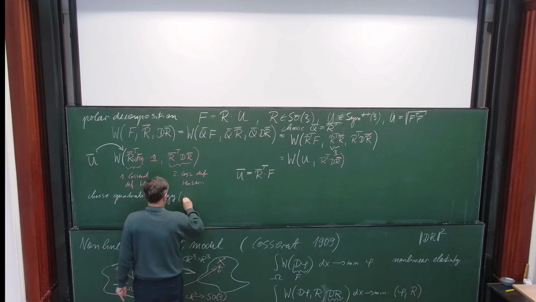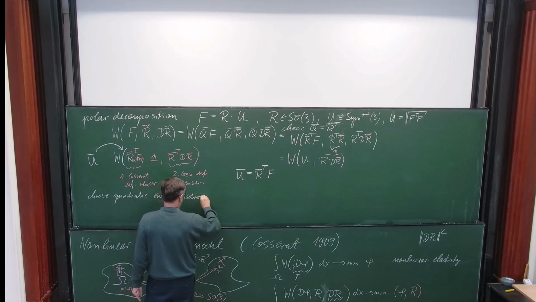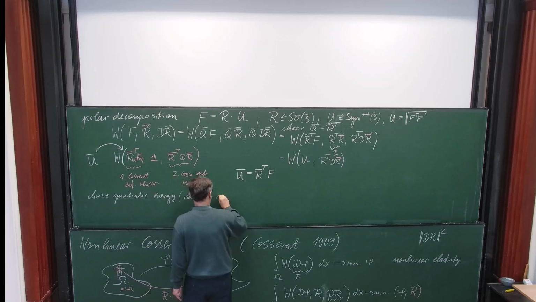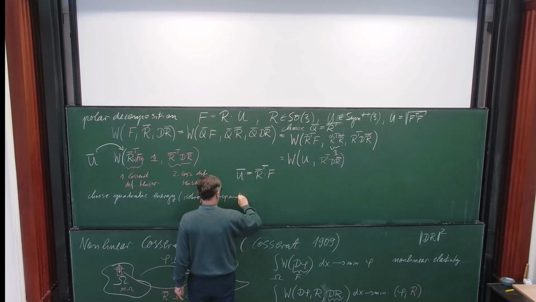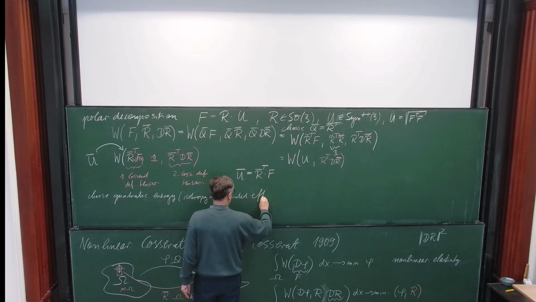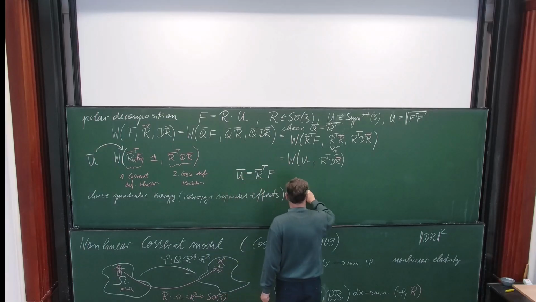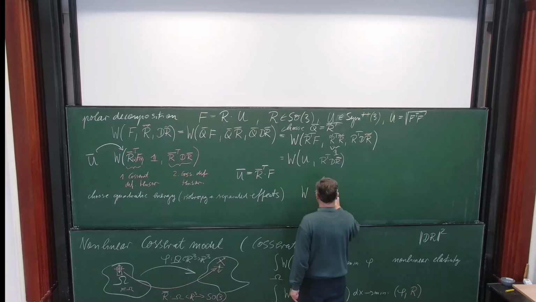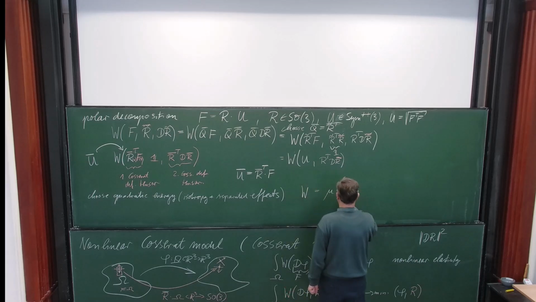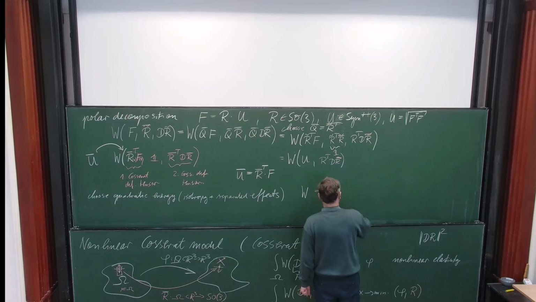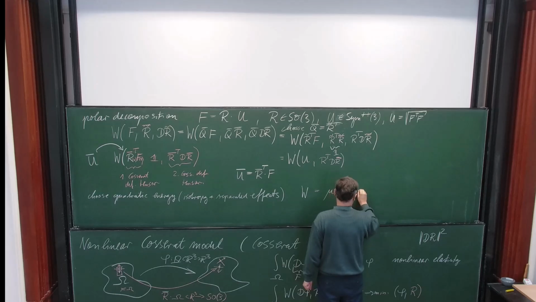Okay, so isotropy plus separated effects gives you that W is a function, and I already give you the final result. The Frobenius norm of U bar minus the identity, no, that is wrong.